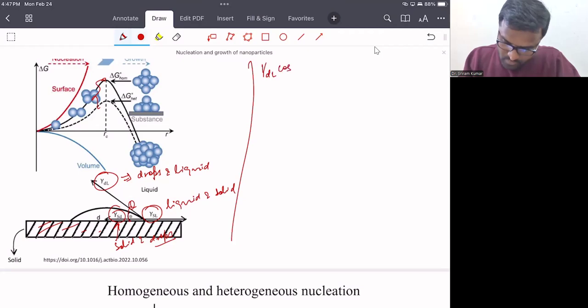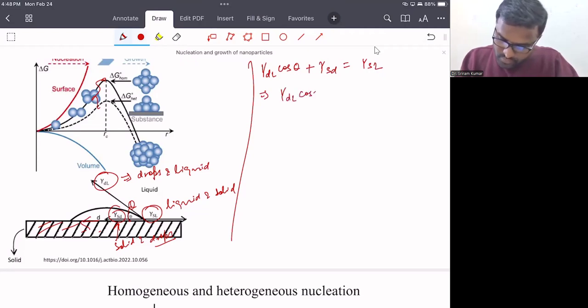If you want to calculate the overall surface energy, we can write gamma DL cos theta. On this axis we have cos theta plus gamma SD is equal to gamma SL. If you just write it, gamma DL cos theta is equal to gamma SL minus gamma SD.